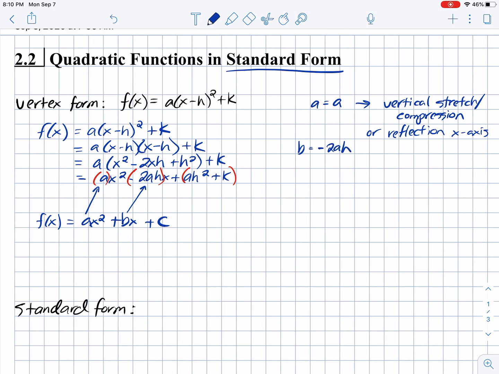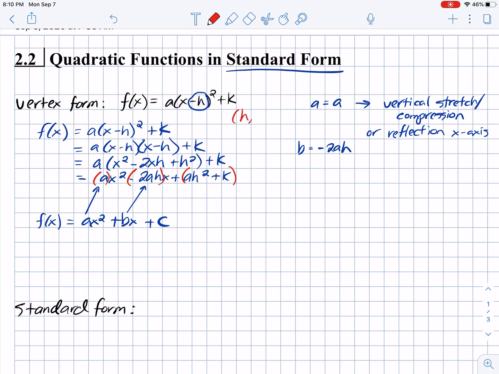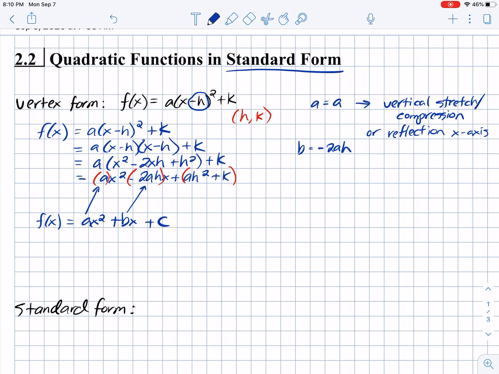And then the next thing I'd like to point out here is this h comes from this h in your vertex form. And if you remember, if my vertex was (h, k), then if I solve for h, we'll get the x coordinate of our vertex in standard form. So if we just solve for h, dividing by negative 2a, we get h equals negative b over 2a. Okay, and this gets us something called our axis of symmetry, which we talked about in the previous lesson.